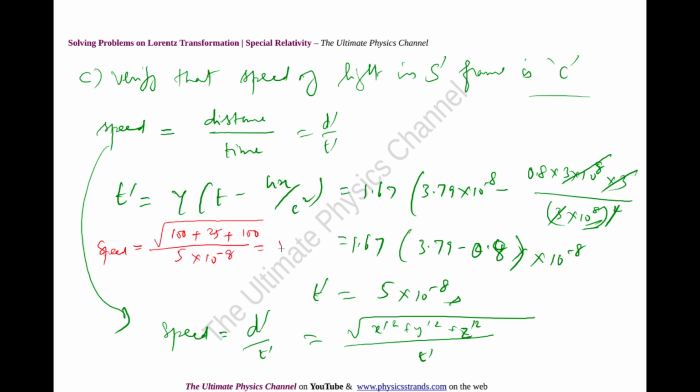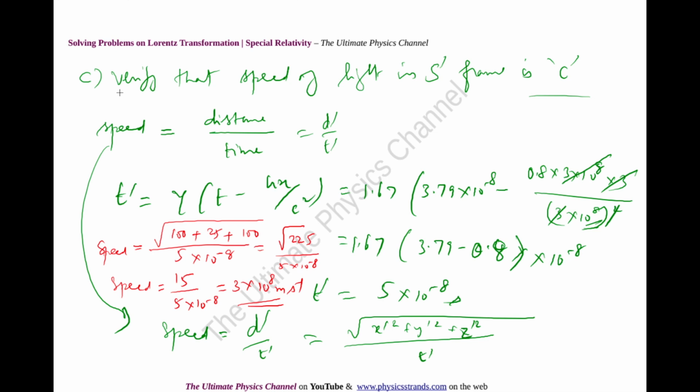Here this is square root of 225 over 5 into 10 power minus 8. So my speed is equal to 15. Square root of 225 is 15 by 5 into 10 power minus 8. So my answer is 3 into 10 power 8 meters per second is the speed of light.